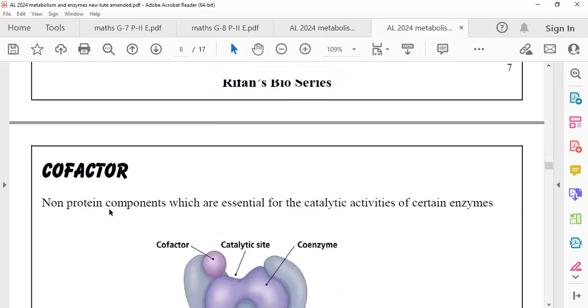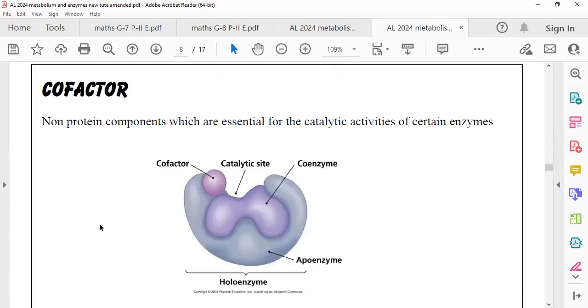Thereafter, we come to the heading called cofactors. Already that word is a new, not a familiar word to you, correct? Cofactors are non-proteins, they are not proteins. And they are necessary for certain enzymes. Enzymes want it. If this cofactor is there only, I can do my catalytic function.